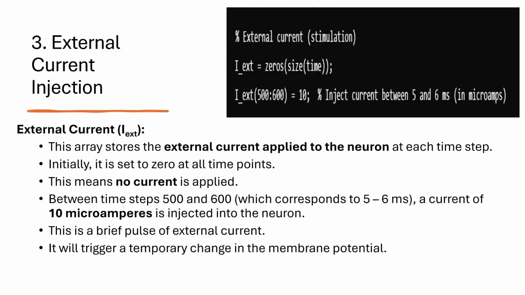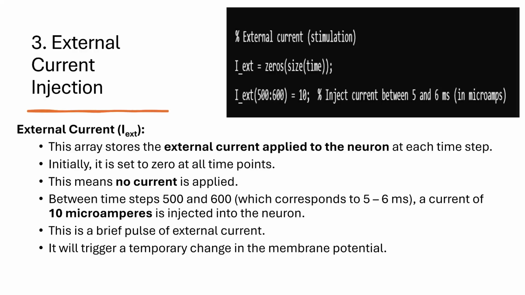Then let's go to the third part, which is the external current injection. We define an array which stores the external current applied to the neuron at each time step. Initially, it is set to 0 at all time points. This means no current is applied.